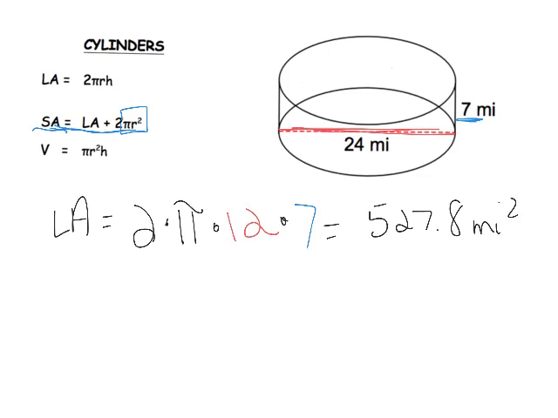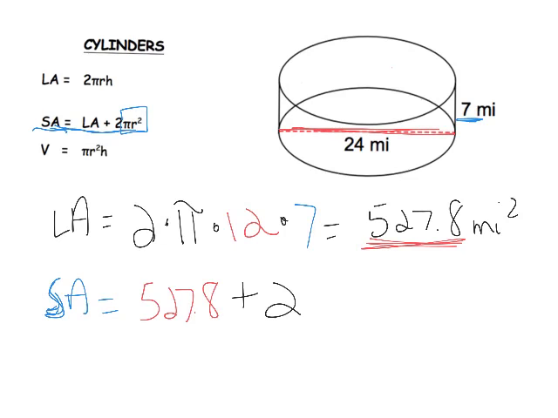So when you're doing surface area, you're taking the lateral area that you just found, 527.8, and you are going to add 2, remember there is a top, there is a bottom, times pi, and then r squared. Pi r squared is the area of a circle. So it is going to be times 12 squared.